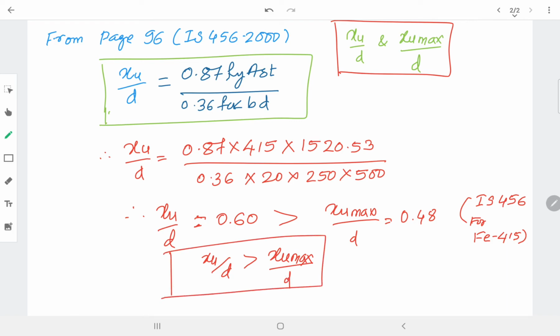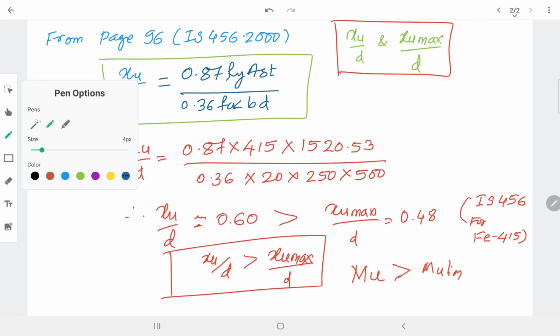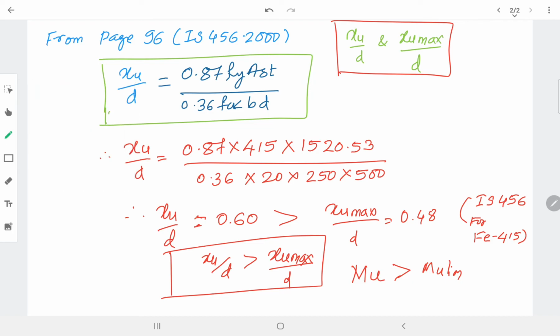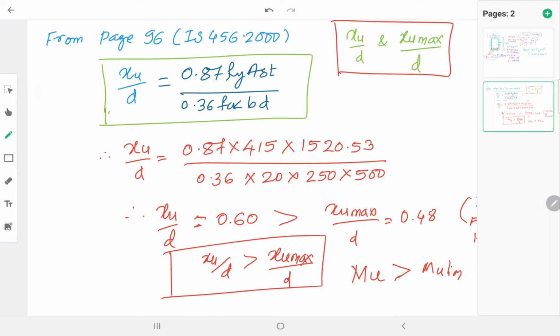From this we can easily conclude about Mu and Mu limit. Here Mu may be greater than the limiting moment of resistance, Mu limit. Because of this condition, instead of Mu I'll be finding Mu limit.